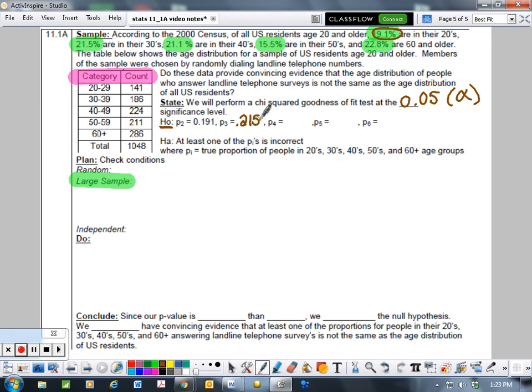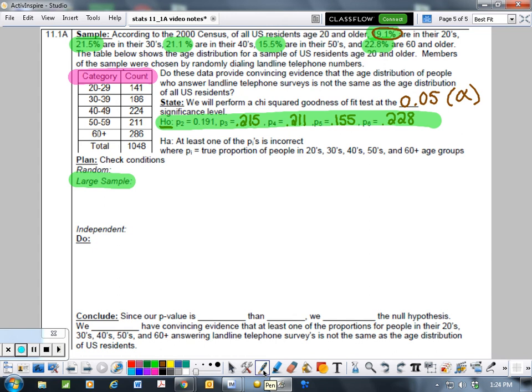The proportion of people in their 40s should be 0.211. The proportion of people in their 50s is 0.155. And the proportion of people in their 60s or older is 0.228. So we're getting that from all that green information up there. Now our alternative hypothesis is that at least one of those is incorrect.